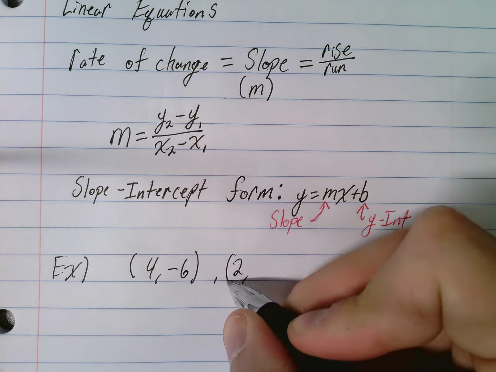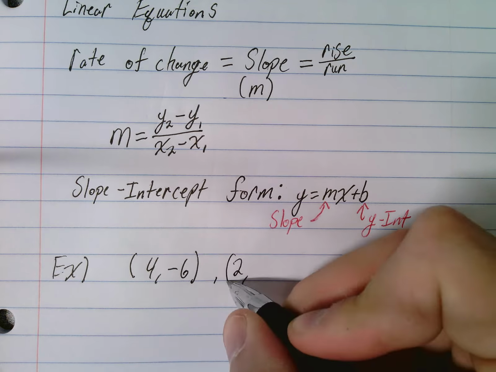Where should I start? I want to write it in slope-intercept form. Good, yeah. What do we call that thing? One word, starts with an S, ends with a lope. Slope. Okay, so we're going to start by finding the slope.